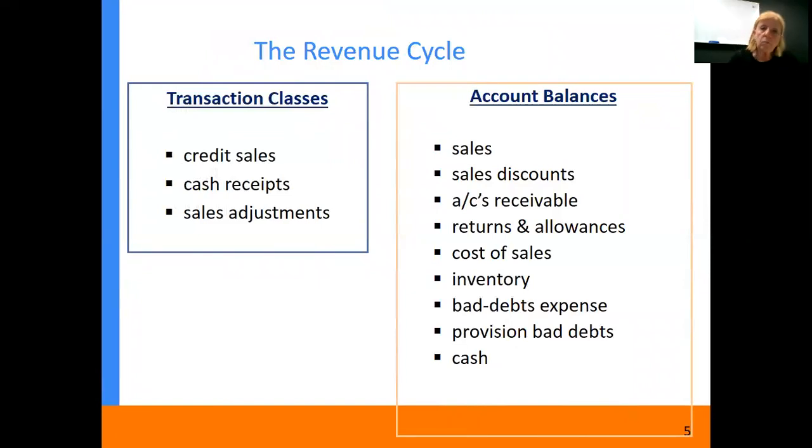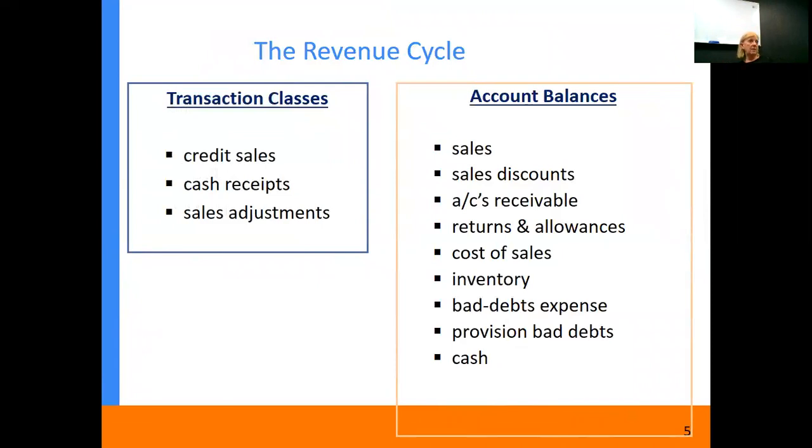When we look at the revenue cycle, we've got three types of transactions or classes of transactions. We've got credit sales, we've got cash receipts, and then there are sales adjustments. So anybody who's worked in retail before, you know you're going to have sales, and the sale might be on credit or it might be a cash sale. If the sale's on credit, eventually the customer pays up, so you've got a cash receipt to pay off an accounts receivable. And we have sales adjustments.